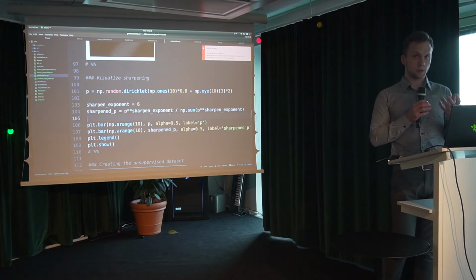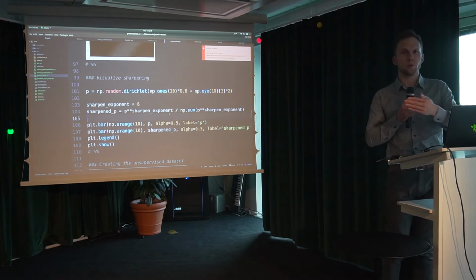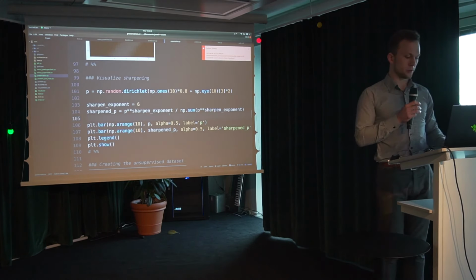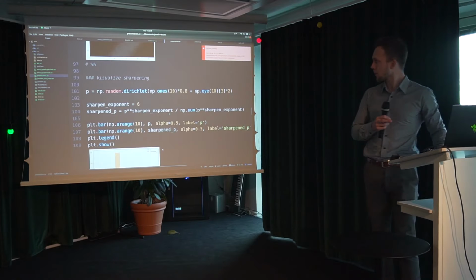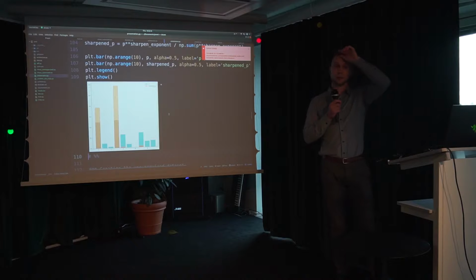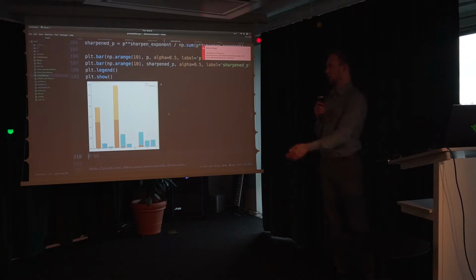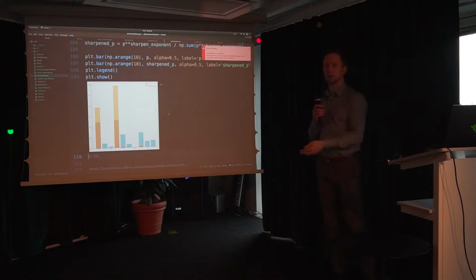This makes sense when you're training, that you want it to move towards being more and more certain all the time. So here the blue is the guessed label, and we sharpen the blue labels to become the yellow labels instead.